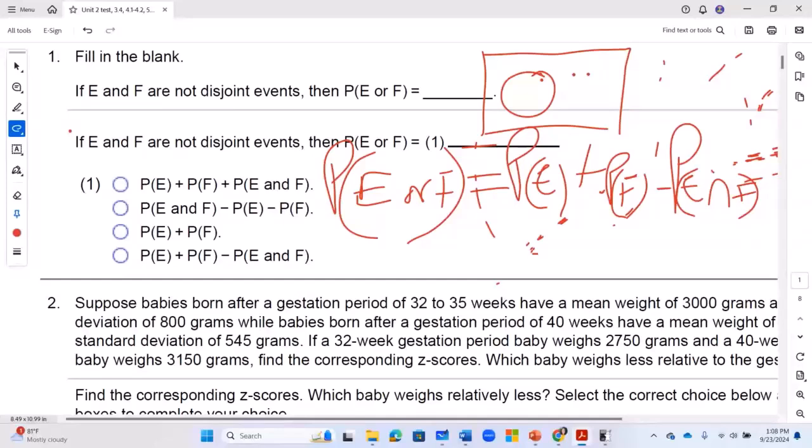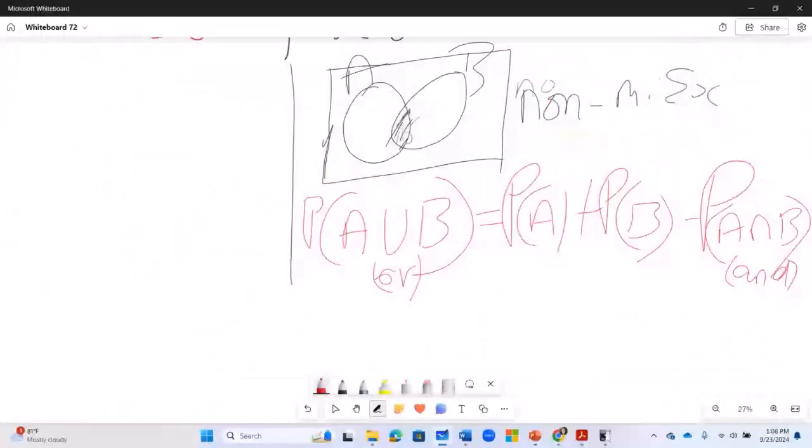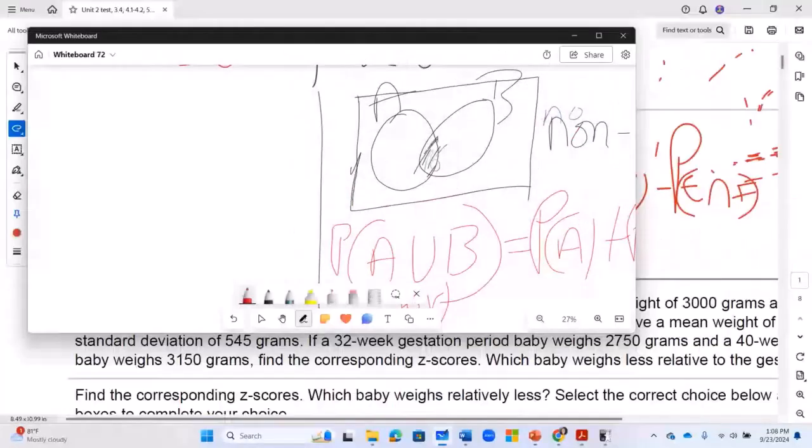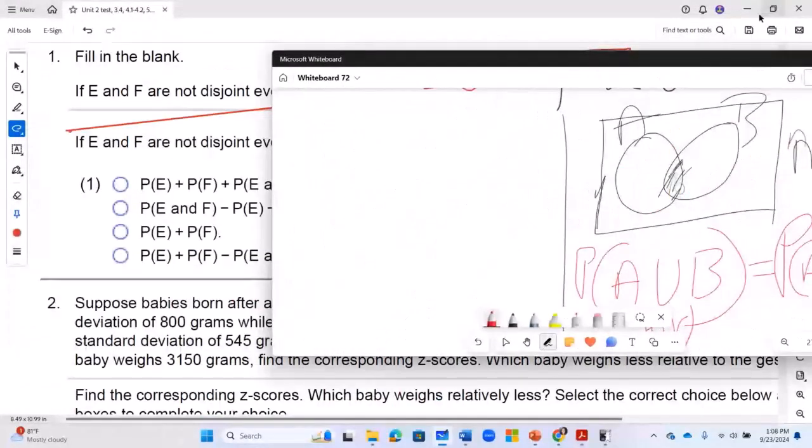Anyway, I'm going to try and minimize this and see if it's going to be better, because this board doesn't want me to write. So I'm going to check this answer now and find out which one is this.